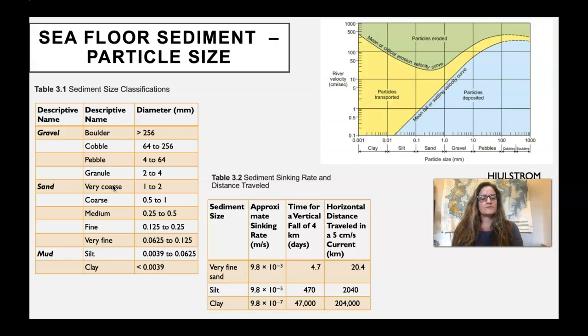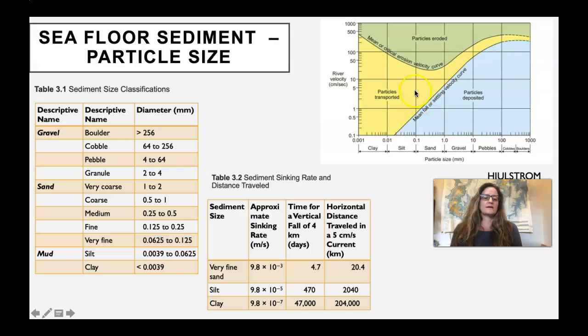Once you get above 2 millimeters, the size goes to gravel, and that ranges from a granule to a pebble to a cobble to a boulder, like the size of your head. Moving that sediment takes energy.